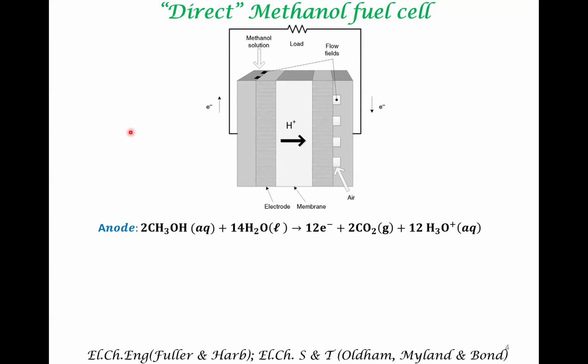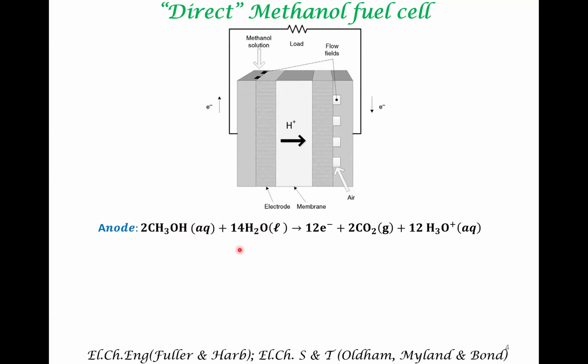So here, the anode reaction is methanol reacting in this manner, generating these products. So as soon as you see this reaction, the complexities should become obvious. First, it involves multiple electron transfers and multiple bond breakages are involved.